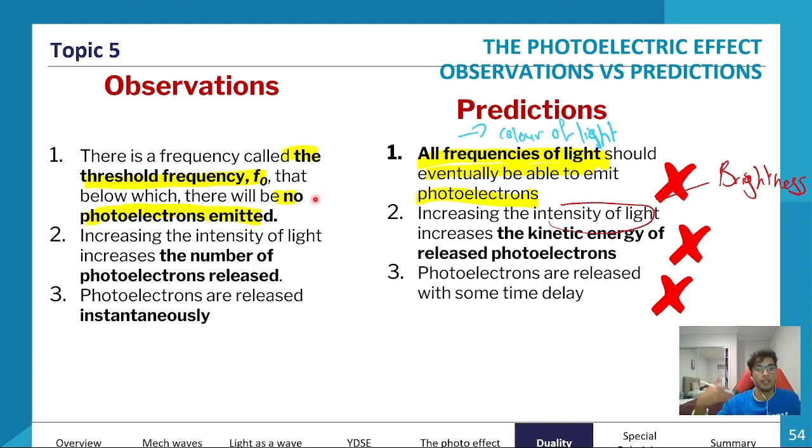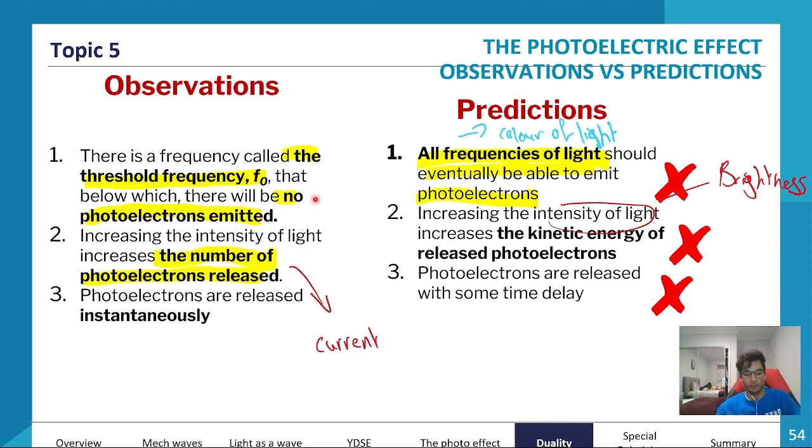So if you were to increase the brightness, it was assumed that the electrons would travel faster and have more energy. But that's not the case. What happened in actuality was that when they increased the intensity, the number of photoelectrons increased, and since you have more electrons, you're going to increase the current. So increasing the intensity will increase the current.